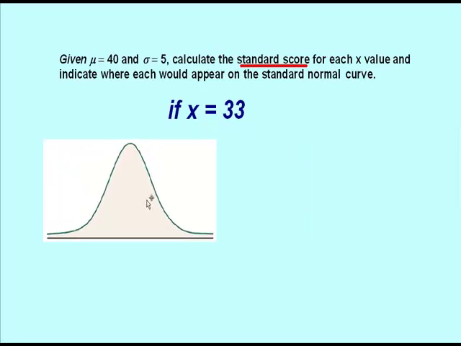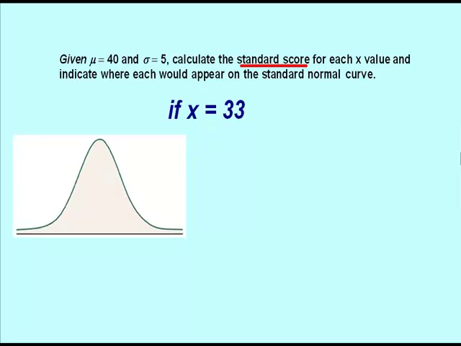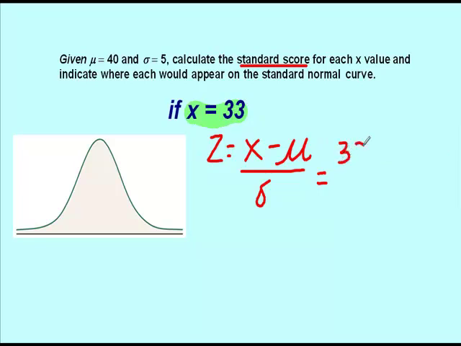Well, let's move this out of the way and give me some room to work. The formula was z equals x minus mu divided by the standard deviation. Well, they're telling us that x is 33. So I'm going to put 33 in the x spot.